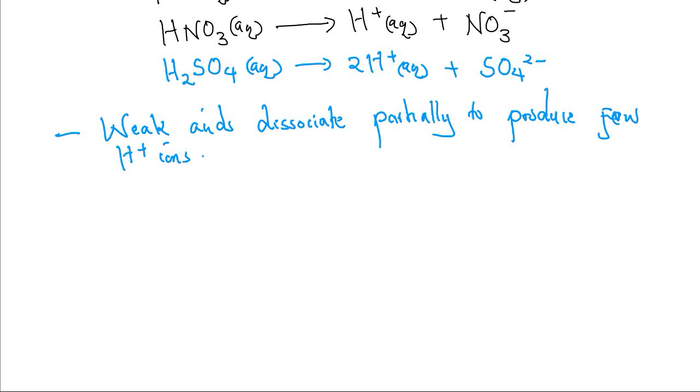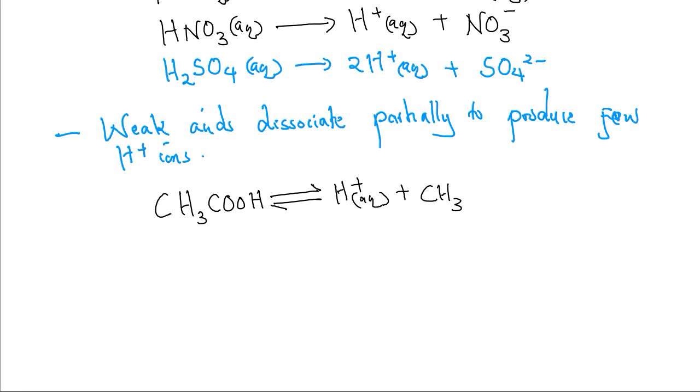E.g., a good example is what we had talked about, that is methanoic acid, which dissociates to give hydrogen ion and methanoate ion, and you can see that one can still dissociate further.